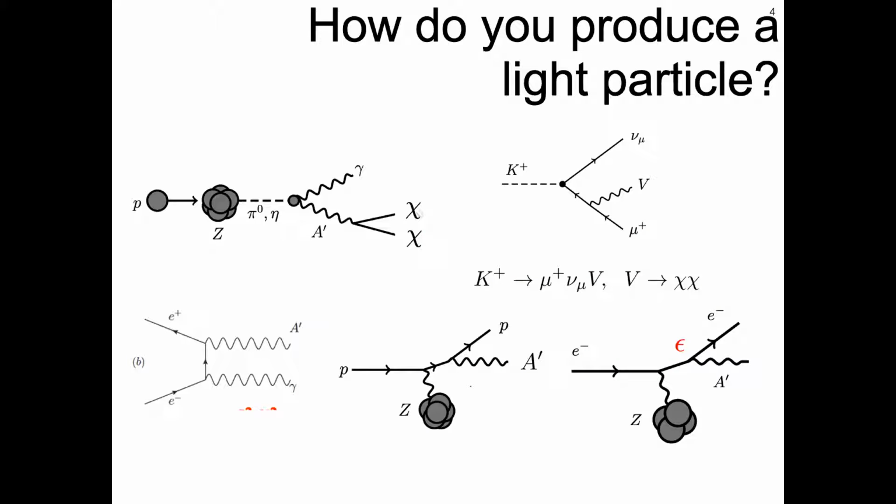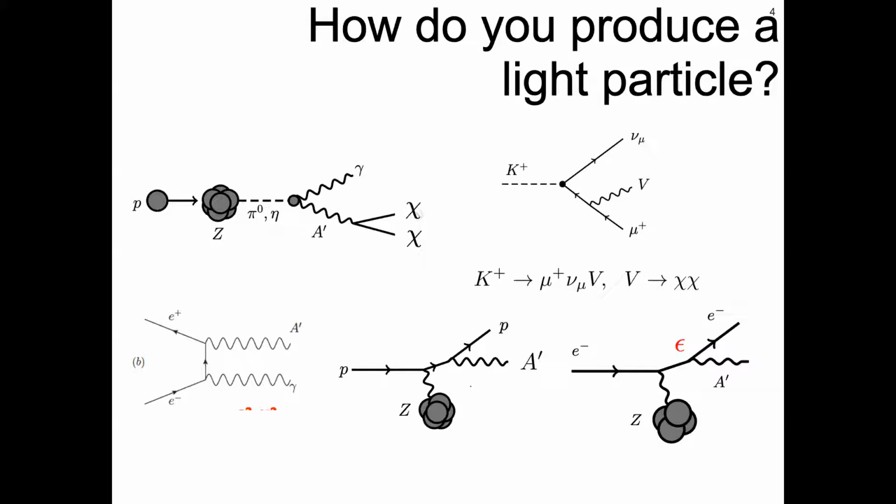Just as a reminder from yesterday, we started to add light dark matter, and in its simplest form, we did it in terms of a light dark photon. We can get these light dark photons through many different decays. You can imagine making a lot of mesons and then looking for light dark photons in meson decays, or in kaon decays.